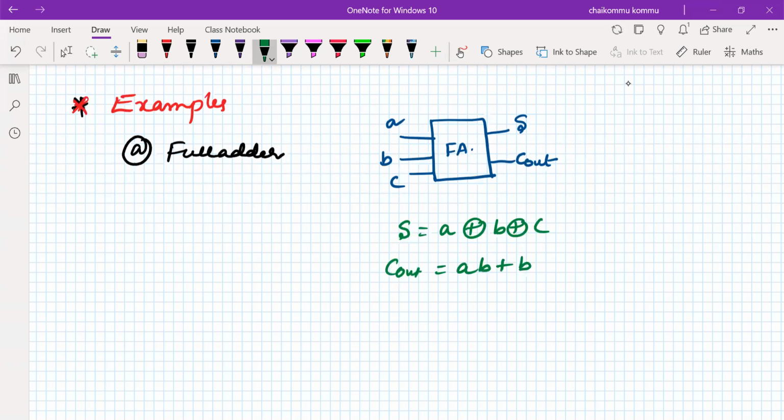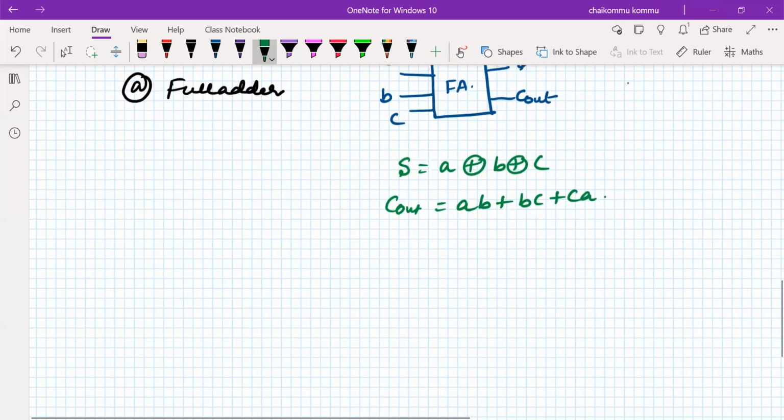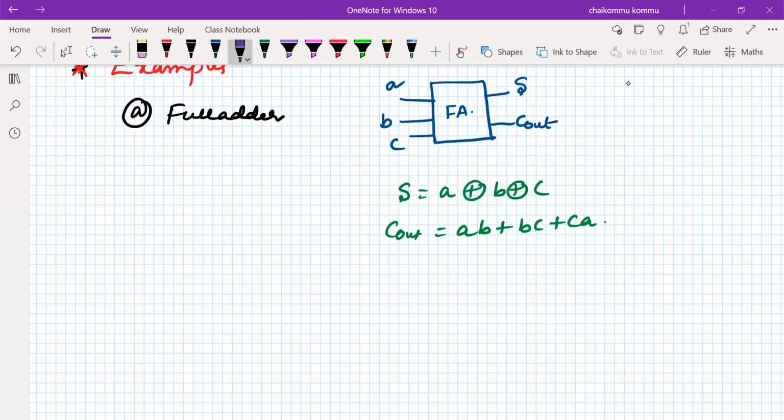AB plus BC plus CA. Actually these operators are Boolean operators, but we have different Verilog operators, and with the help of those we need to do this. So let us write quickly for simple understanding. Let us write a module. This is a full adder.